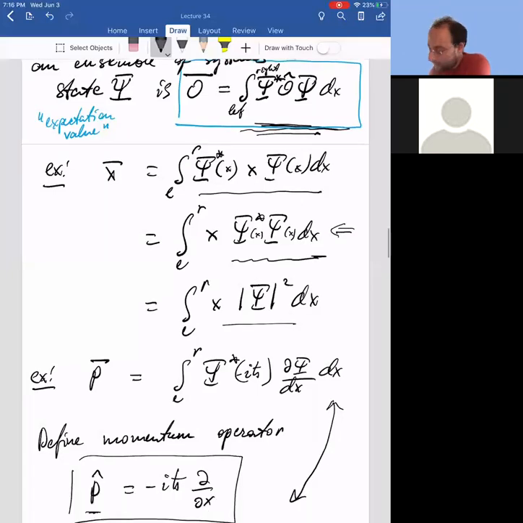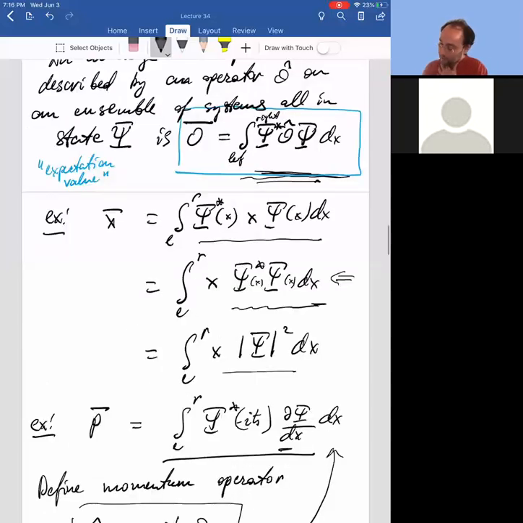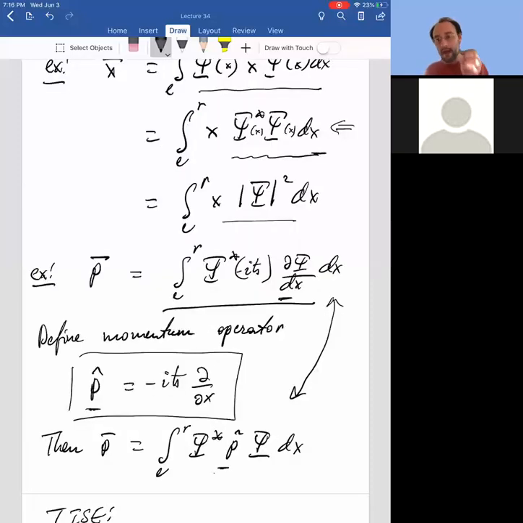Example 2, momentum. We already discussed how to compute the expectation value of momentum. I gave you this formula, and you had a video quiz question on it. Construct a sandwich: psi star times minus i h bar times the derivative of psi. But now that you know about the derivative operator, you realize this is just a derivative operator. You can put everything together and define a momentum operator: minus i h bar times the derivative operator.